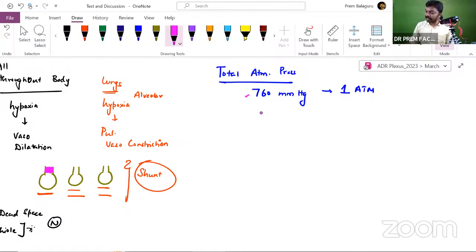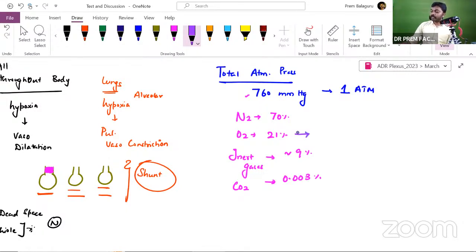Out of the 760 millimeters of mercury, nitrogen contributes 70%, oxygen contributes 21%, inert gases, helium, argon, boron, krypton, contribute on average 9%. Carbon dioxide contributes 0.003%.